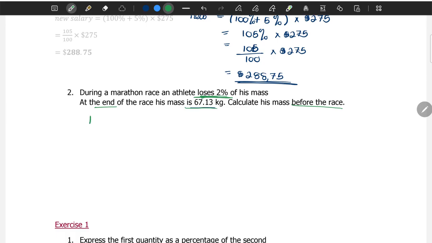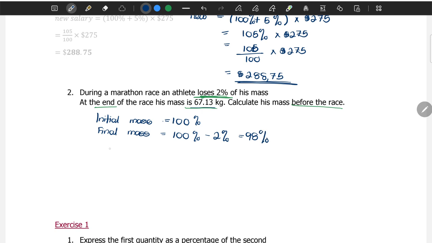So the initial mass was 100%. But then he loses 2%, which means it's got 100% minus 2%, which is 98%.